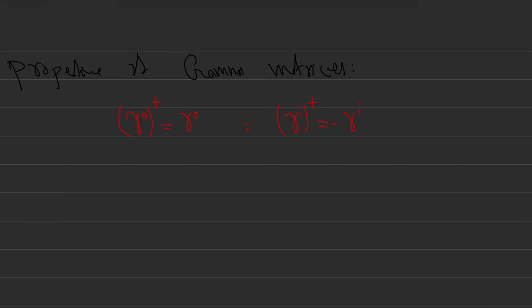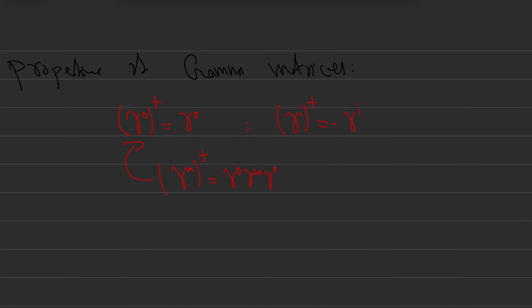This is the hermiticity property, and both of these can be written as one property: gamma mu dagger is equal to gamma naught gamma mu gamma naught.